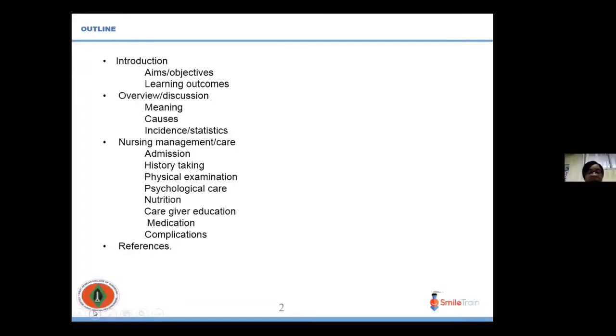It starts with these other highlights: admission, history, physical examination, psychological care, nutrition, caregivers' education, medication, and complications, then references.